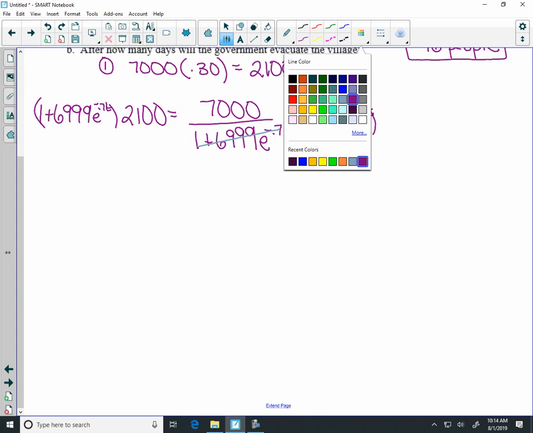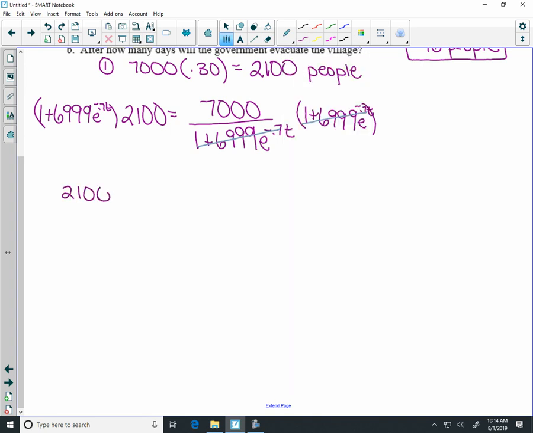Doing that multiply step lets us get that mess out of our denominator and keep rolling. So over on the left side of our equation, we have 2,100 times that old denominator. You could multiply that 2,100 through, but I think it would be more steps for you. I think it's going to be easier to just divide both sides by 2,100.